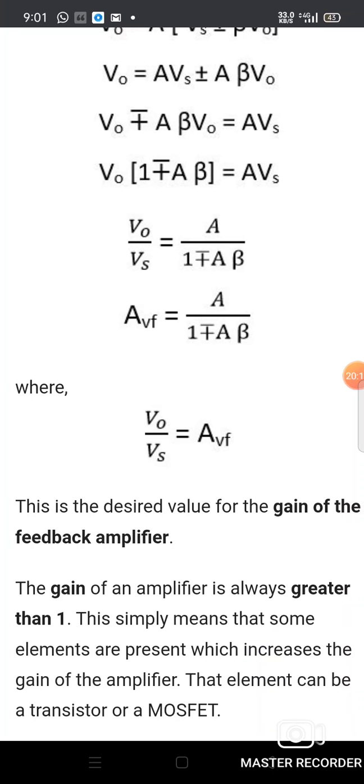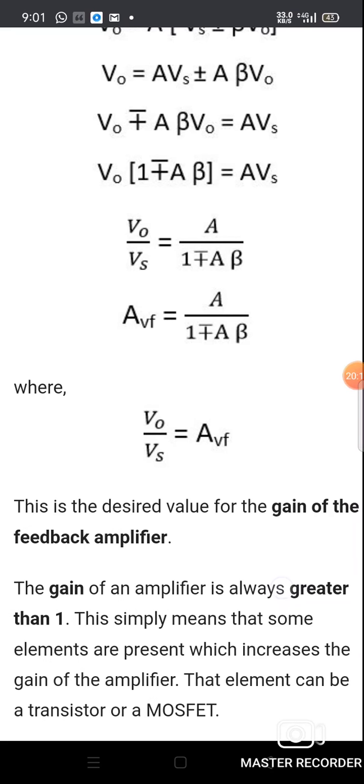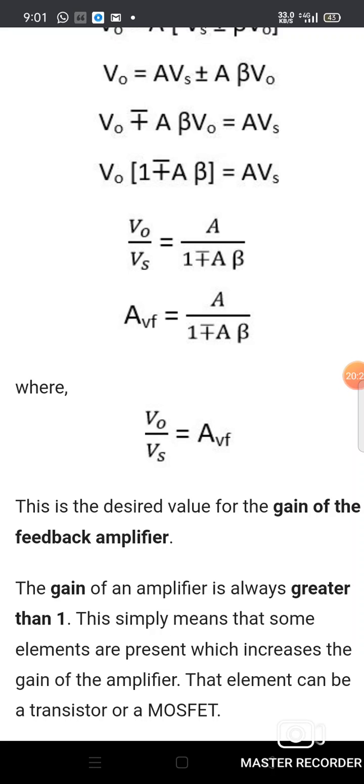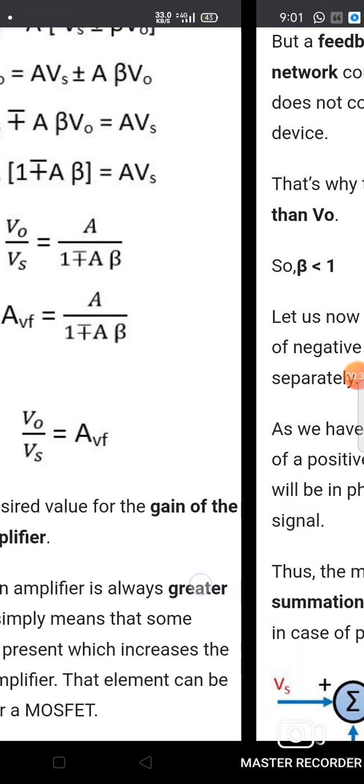Generally the beta value is considered to be 20 to 400, as I said in the previous classes. Multiplied with the gain, the A beta value is more compared with 1, right?